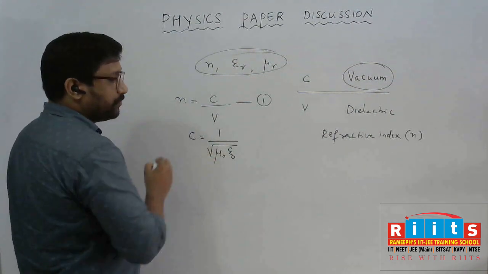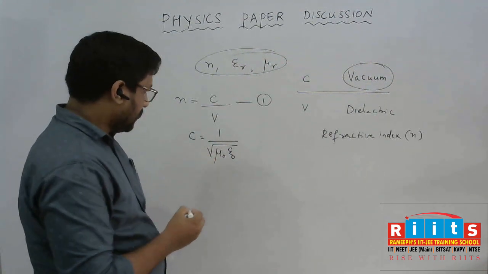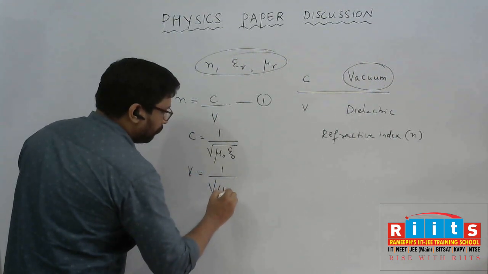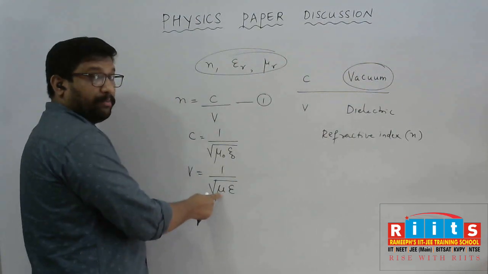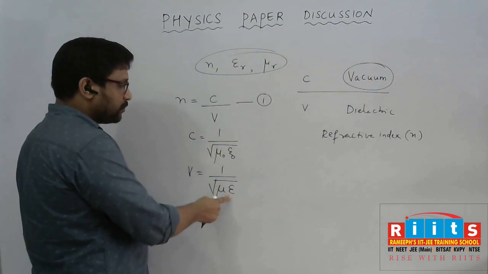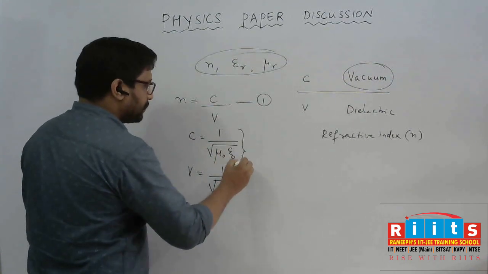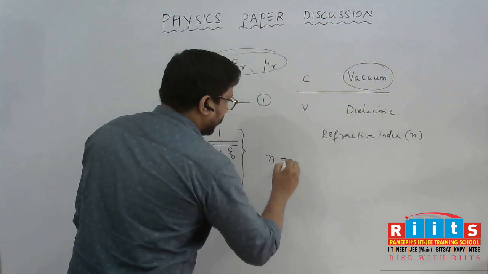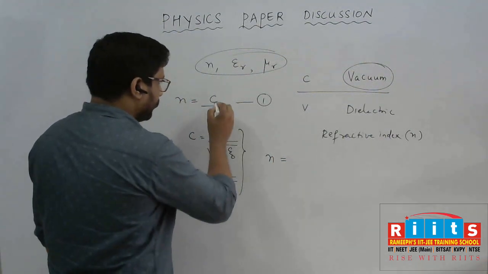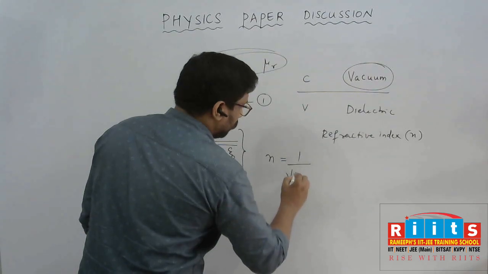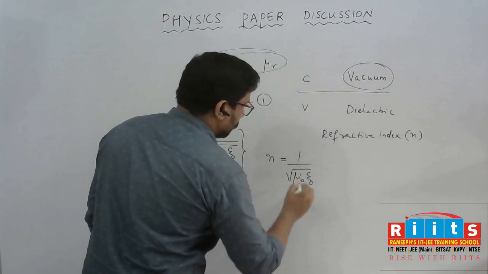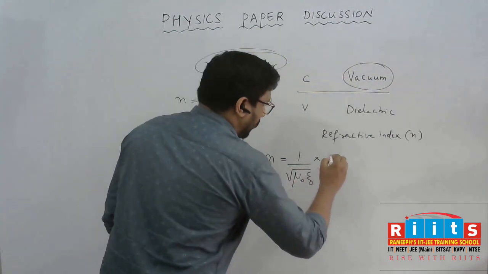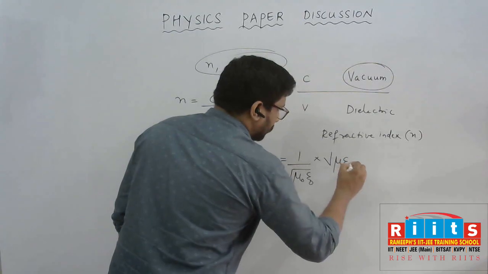This is the consequence of Maxwell's equations. Similarly, for the other medium, v will be 1 by root of mu into epsilon, the permeability and permittivity of that medium. If I substitute these two in equation number 1, I get the refractive index of the given medium n as c, which is 1 by root of mu naught epsilon naught, divided by v, which is 1 by root of mu epsilon. So I can write after division, it will be like this.